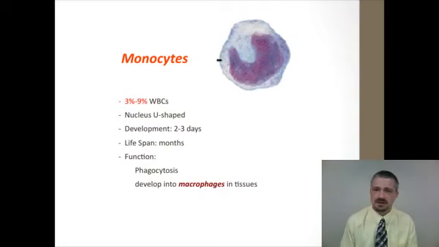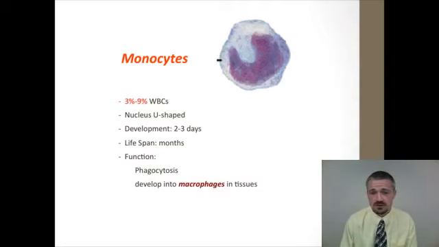The main thing on this one is that, unlike the neutrophil, which was to me a rather picky eater that was only going to phagocytize bacteria, the monocyte is much more refined, I guess, in that it will eat a number of different things. It's not just going to eat burgers and fries. It's going to eat Chinese food, Italian food, anything that it can pretty much get its hands on.